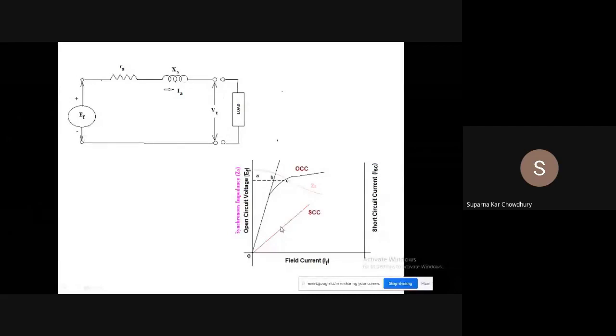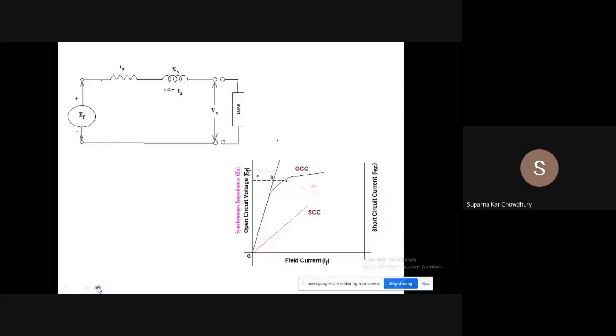Now for a salient pole machine, here we will determine Xd and Xq, as it has saliency. For a salient pole machine, the ratio of voltage and current from OCC and SCC gives Xd, the direct axis synchronous reactance. So for this machine, we get the direct axis synchronous reactance from the OCC and SCC characteristics.